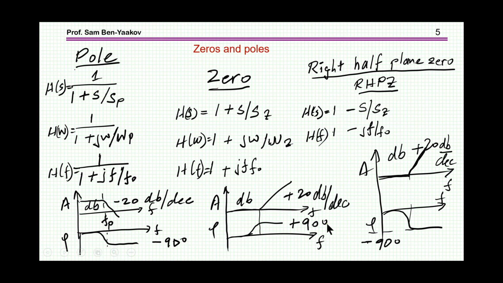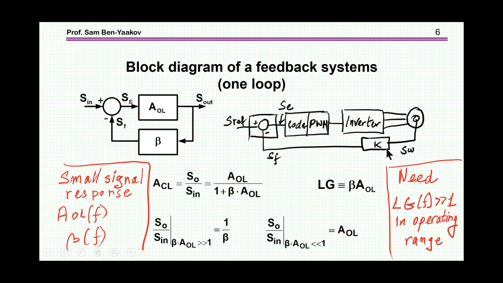So the absolute square is the same, but the phase, because of the minus here, is then lagging. It's similar to a pole. So it's lagging here, advancing here, and as I said, it's causing a lot of trouble. But usually, at the very beginning, I'll just ignore and assume that the system has no right half plane zero.